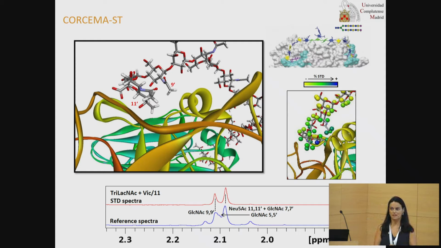Then it seems that if this is the case, it can be very important to understand this type of structures to develop proper inhibitors, because there are no inhibitors described for hemagglutinin. I don't know if you remember the famous Tamiflu that was developed after the pandemics, but Tamiflu is for neuraminidase, not for hemagglutinin. Then any advance in the development of inhibitors of this structure could be very, very important.